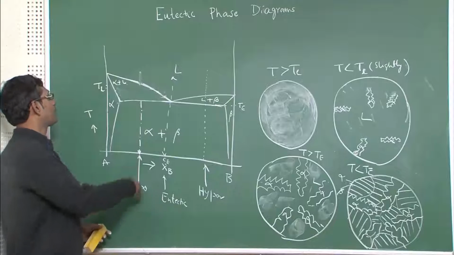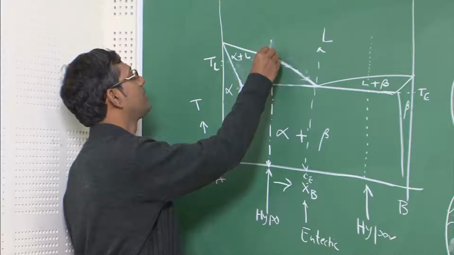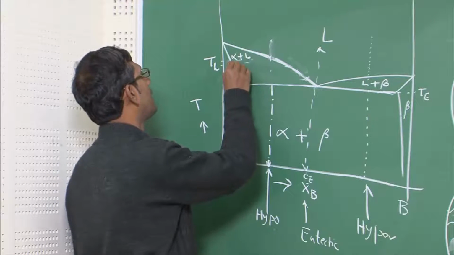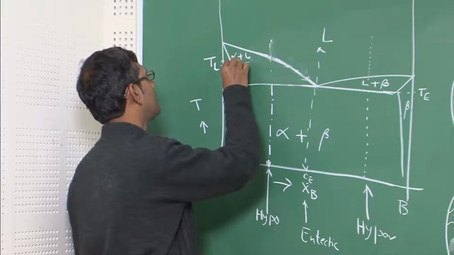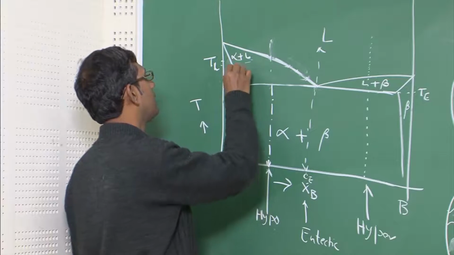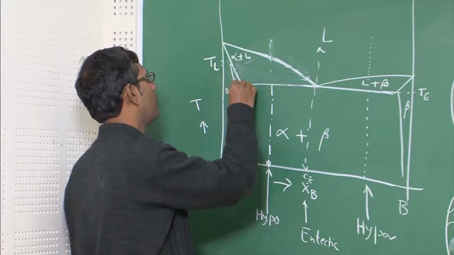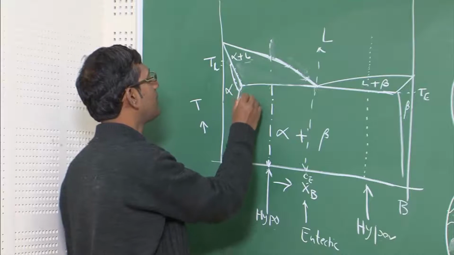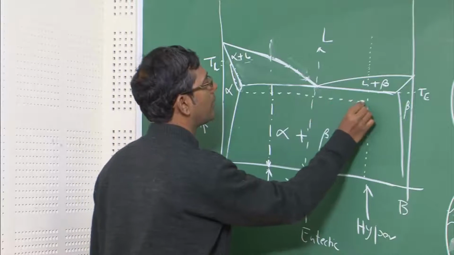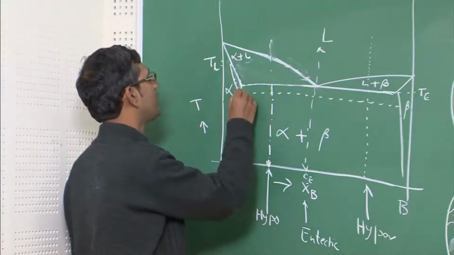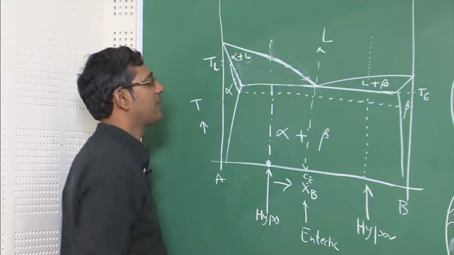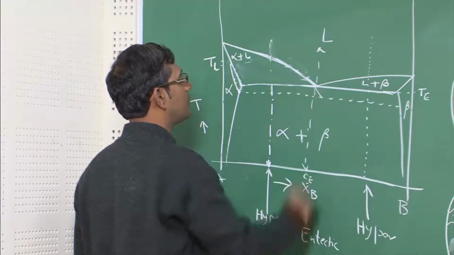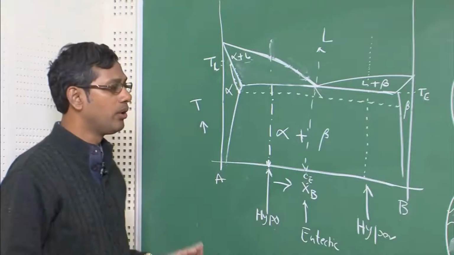The same thing can happen here also, and because of coring, suppose this is the concentration of the alloy, we can change the phase diagram, and the phase diagram will look like this, okay, like this. I have drawn a solid line, and in that sense the solidification will get over even lower than the eutectic temperature, because this is the temperature here. So, this will be coming down, like this way, and this will modify the whole reaction.